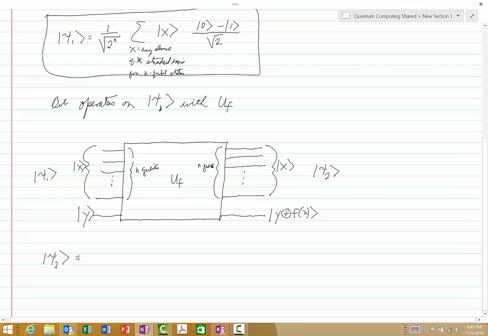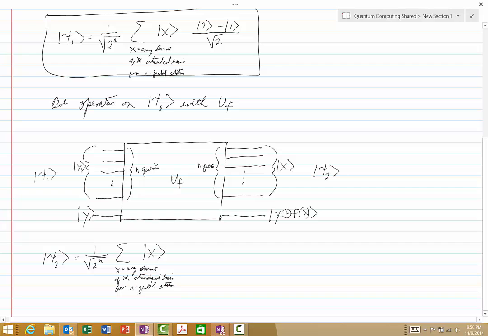Here you can see here's the x and here's x. So C2 is going to be 1 over square root of 2 to the n, and then summation over x equals any element of the standard basis for n qubit states, and then we will have x.